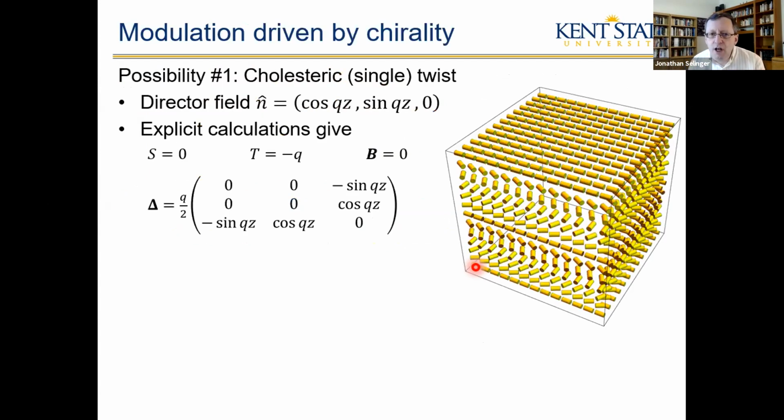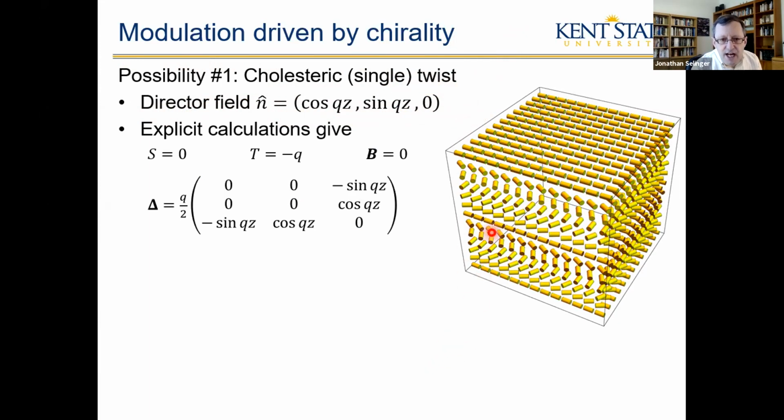First, let's consider a liquid crystal that is chiral, okay? It has a modulation driven by chirality, so it wants to have twist, but it can't fill up space with pure double twist. So what can it do? One possibility, of course, is to make a cholesteric phase with a director field like this.